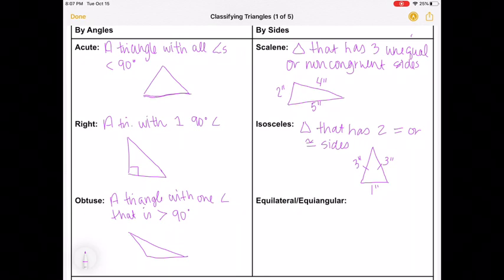All right, lastly, equilateral or equiangular. So this is a triangle that has three congruent sides, which also makes their angles equal as well. So I'll just say and.